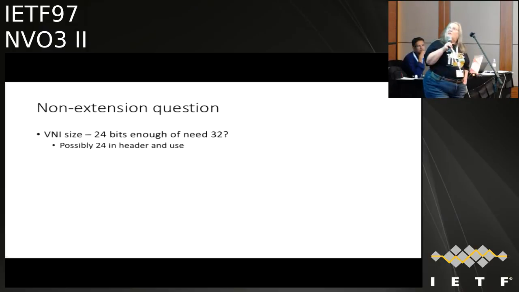Yeah, so a couple of things that I put early on in the slides where I thought there was pretty good consensus were that we need a length, and we need a way to say some of the extensions should go first because they're more likely to be processed in hardware, and there was definitely a pretty strong input to especially put the tunnel stitching extension in front.